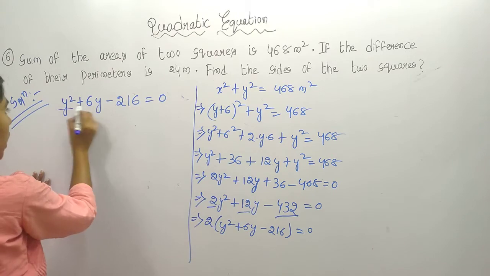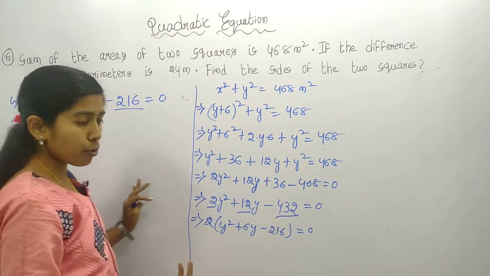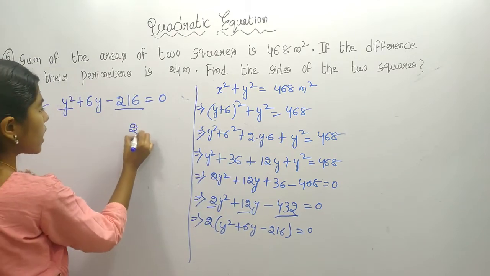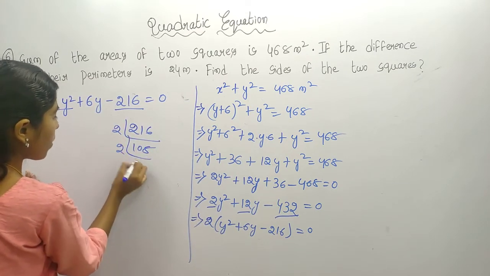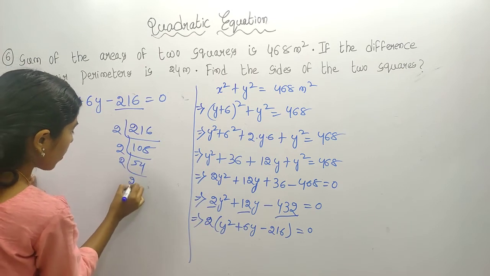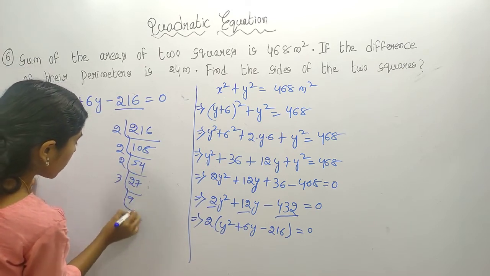Here you see 1, here 216. So 1 into 216 is 216. You find the factors of 216: 2, 2, 2, 3, 3, 3.